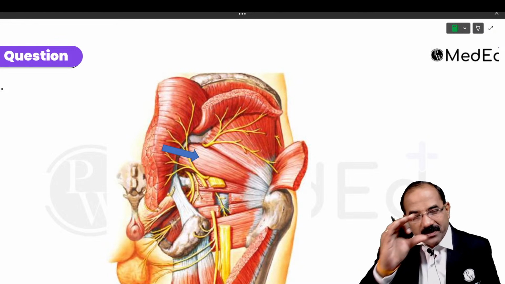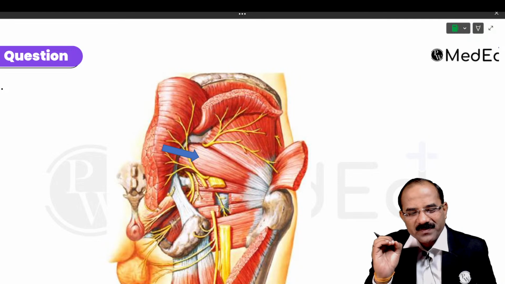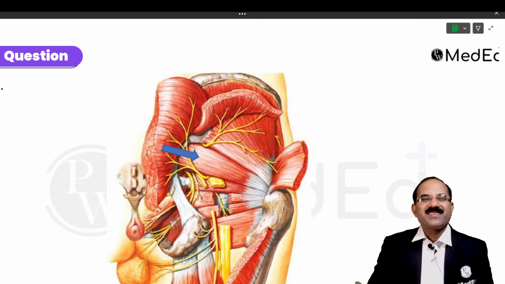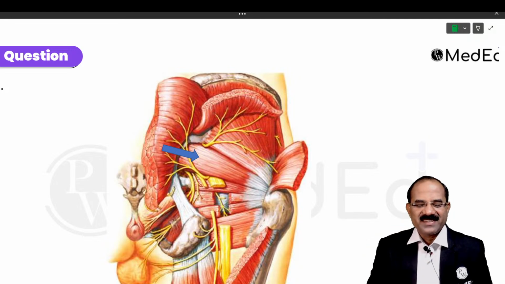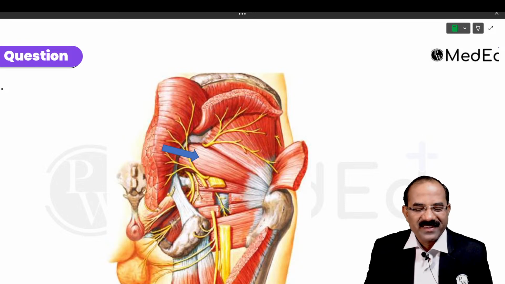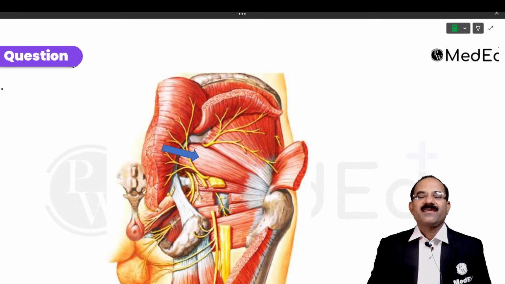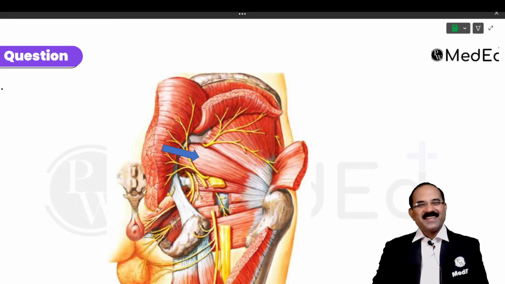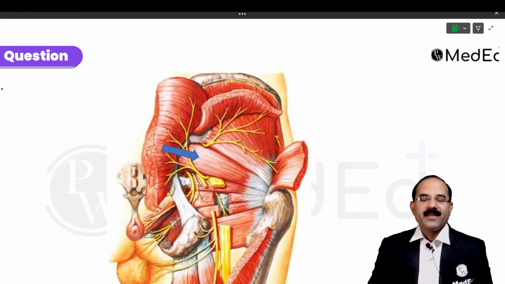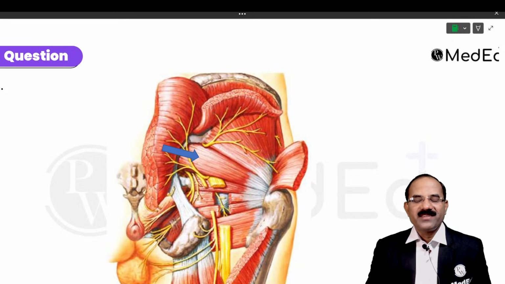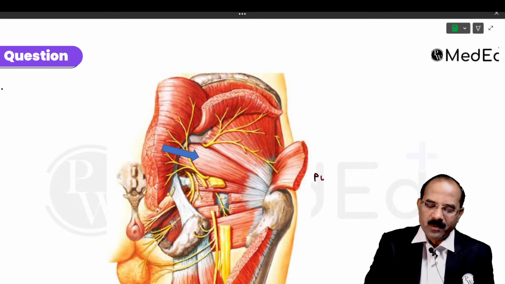It's a pear shaped muscle. Any guesses? Write, I'm looking at the screen. It's a pear shaped muscle. Answer, come on students. Piriformis. Excellent Dikshant. It's piriformis.